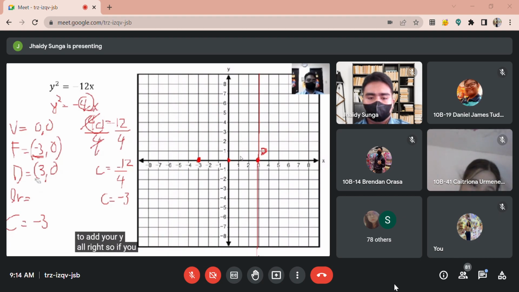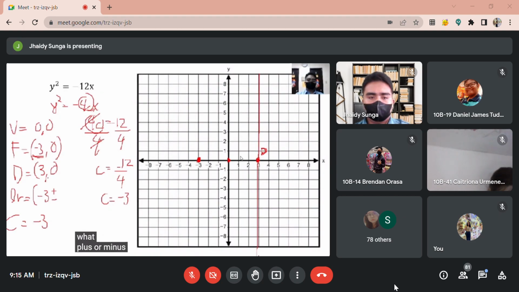Alright. So if you have the positive vertex, it is 0, 0. But what is your focus? We're going to find here from your focus, you have negative 3, negative 3, plus or minus what?